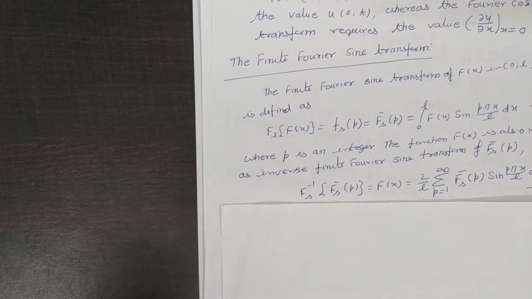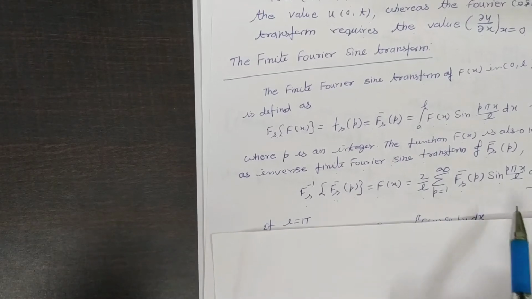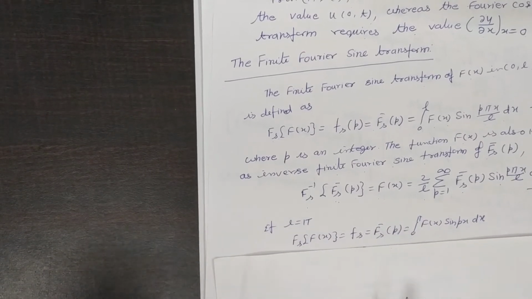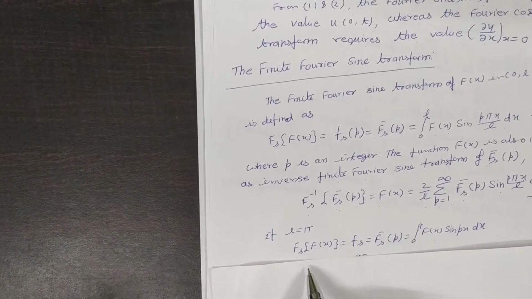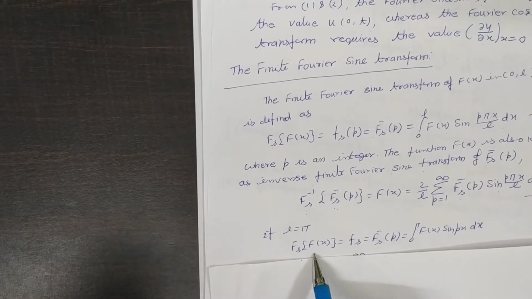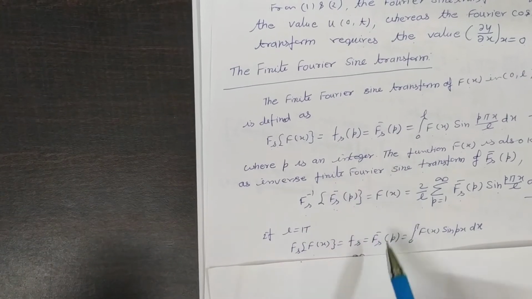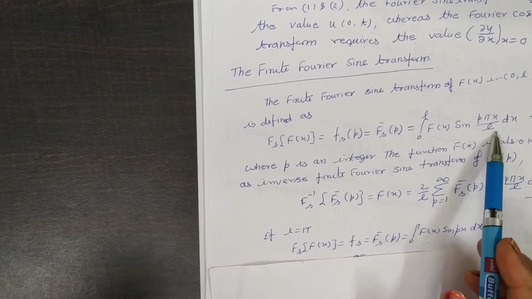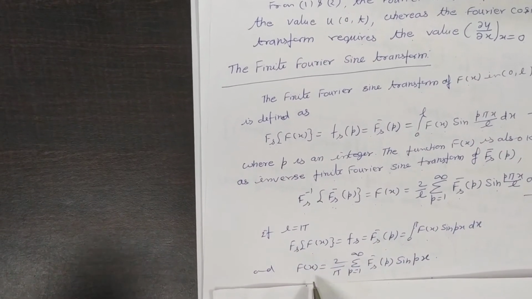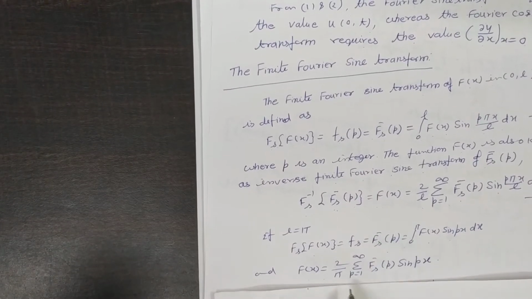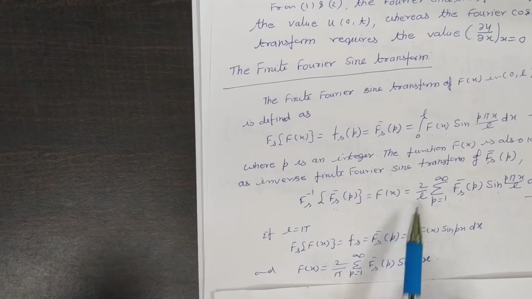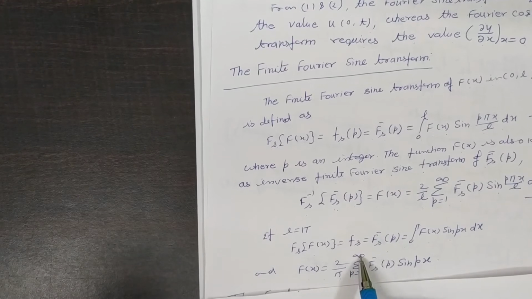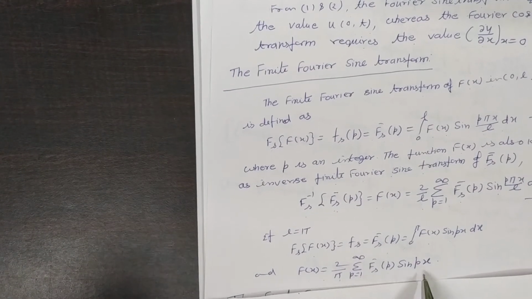Students, if you substitute L equal to π in this expression, then you get f̄_s(p) as the integral of f(x) sin(px) dx, because we substitute L to be π. So f(x) is equal to 2/π, in place of L, times the sum over p from 1 to infinity of f̄_s(p) sin(px).